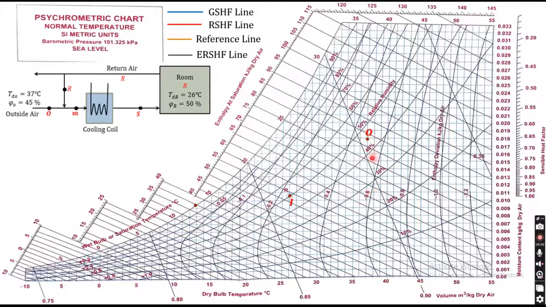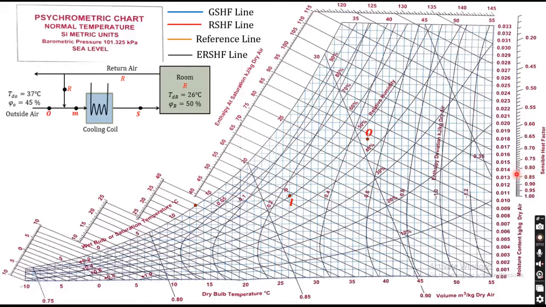Now we have room sensible heat factor. Just now we calculated that. Its value is 0.833. So we have here a scale which is called the sensible heat factor. On this sensible heat factor scale we mark the point of 0.833. Near about 0.833 here we get this point.